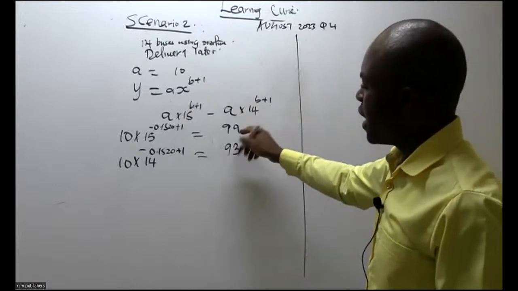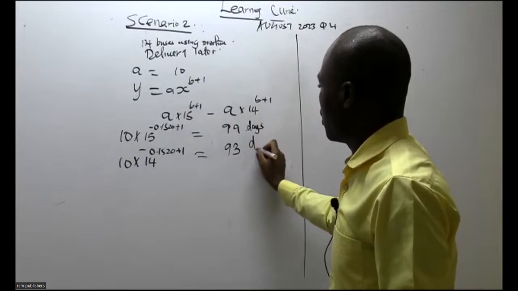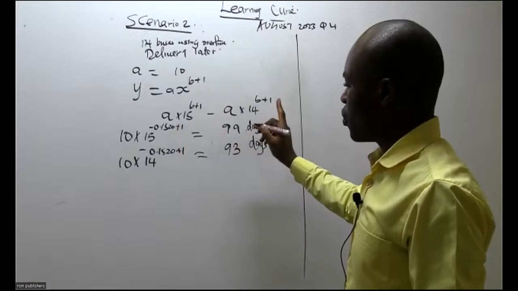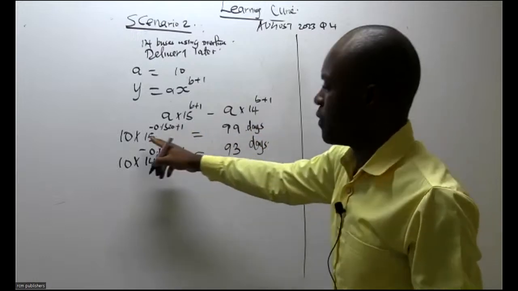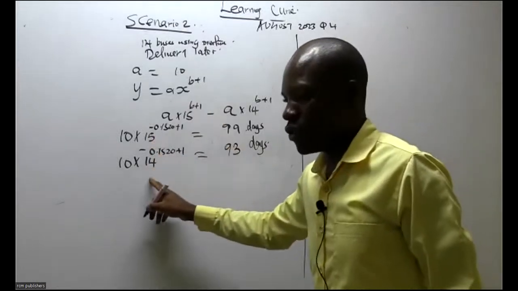Now, this is the question. You've taken 99 days to produce 15 buses. You are taking 93 days to produce 14 buses.